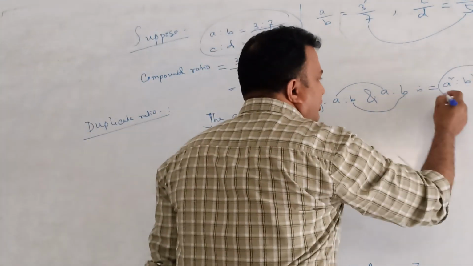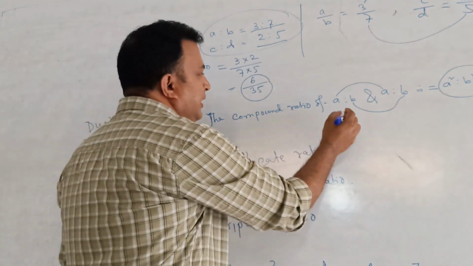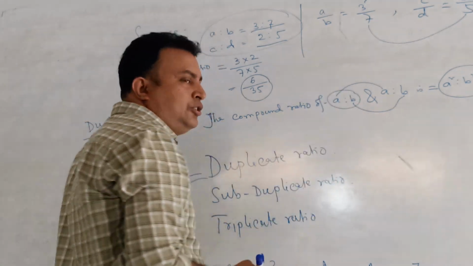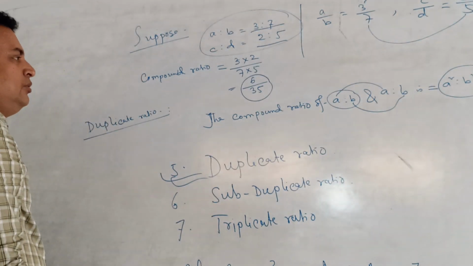This A square is to B square is called the duplicate ratio of A is to B.